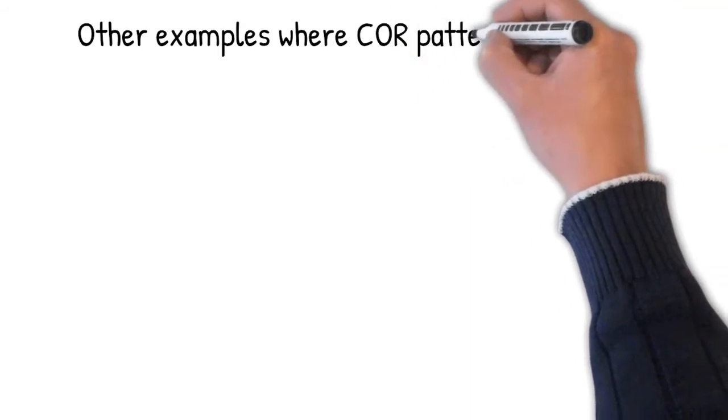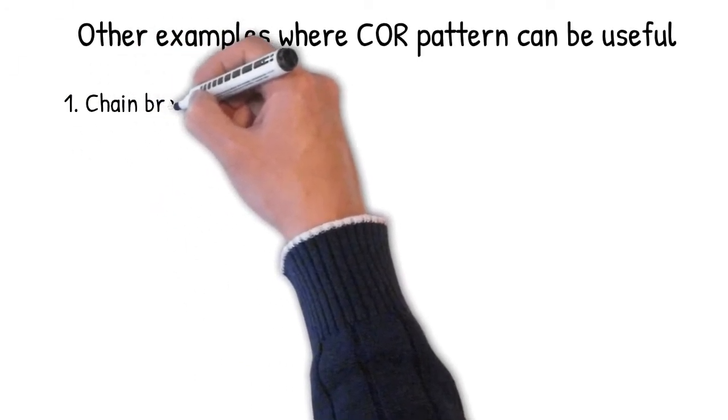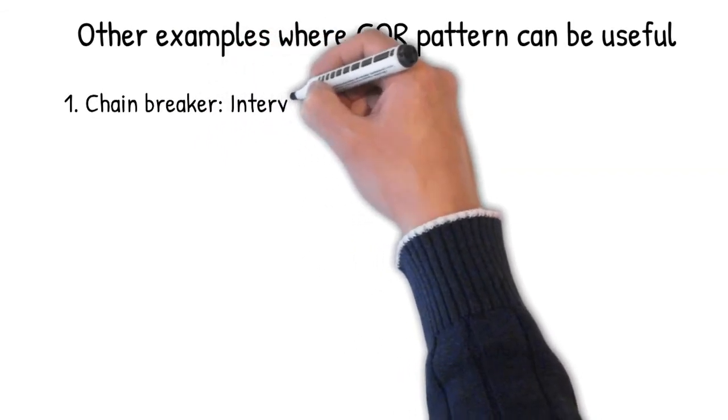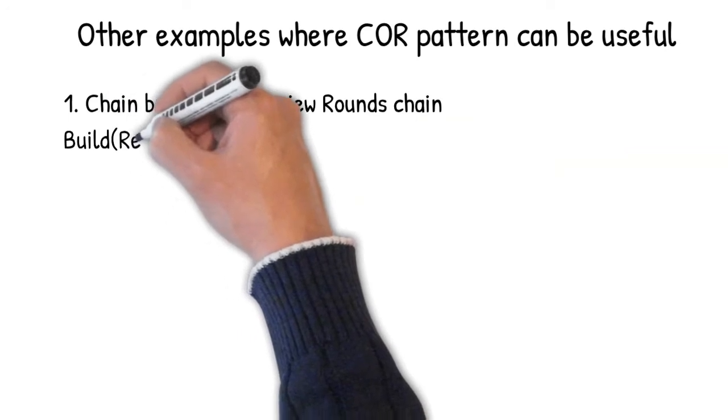Now let's also try to note down other examples of using this pattern. We will see the examples based on the behavior of the chaining pattern. So the first behavior is where you can break the chain in between, like we saw in our interview rounds example.